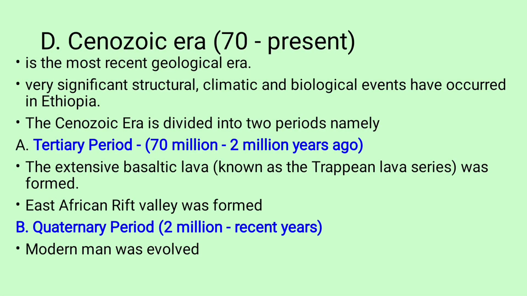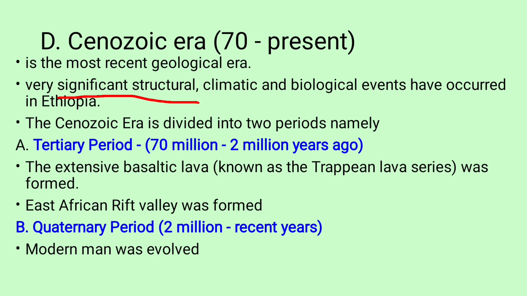The fourth and the recent era is known as the Cenozoic era. The Cenozoic era covers from 70 million years ago to the present. This era is known for the most recent geological events. Very significant structural, climatic, and biological events have occurred in Ethiopia. The Cenozoic era is divided into two periods, namely the Tertiary period and the Quaternary period.